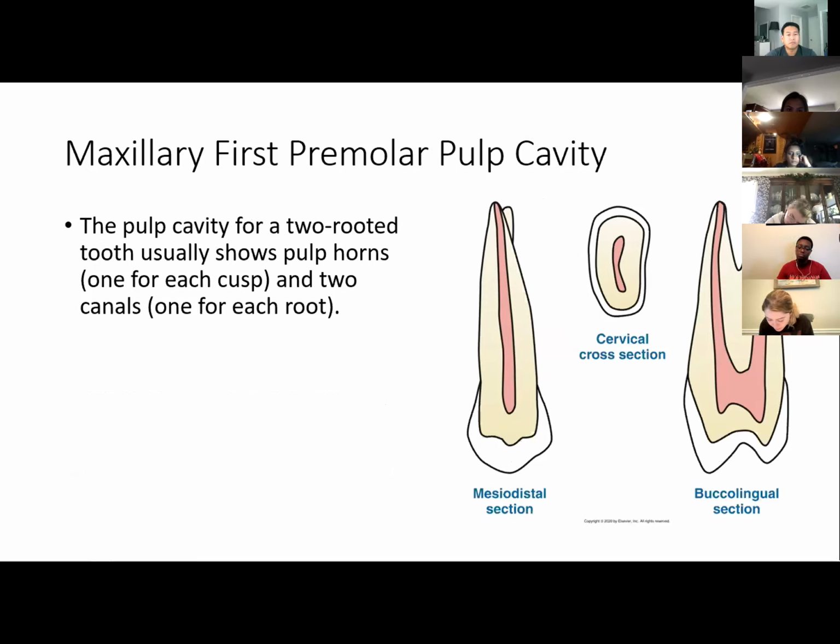So whether it's a 4-cusp tooth or a 2-cusp tooth, it will have the amount of pulp horns for the amount of cusps. And although it has 2 pulp horns, 1 for each cusp, it has 2 canals as well because it bifurcates up at the top.